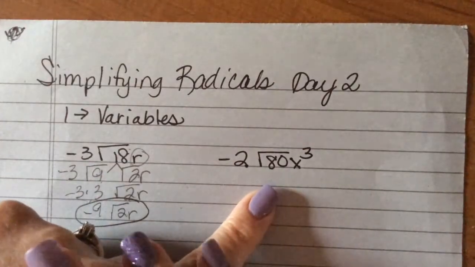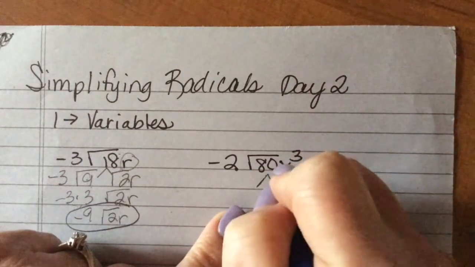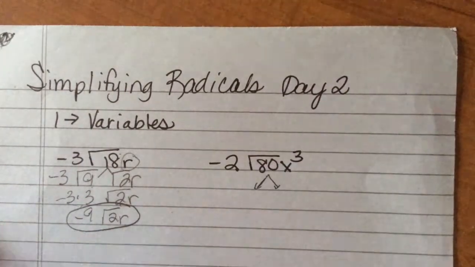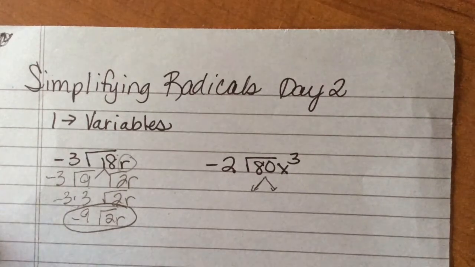All right, let's look at another one. So first, let's look at the number. I do know a 4 will go in and that gives me 4 times 20. But I can tell with the 20 I'm going to have to go bigger, so let's try another one. I could do 8 and 10, but neither is a perfect square, so I can't do that.